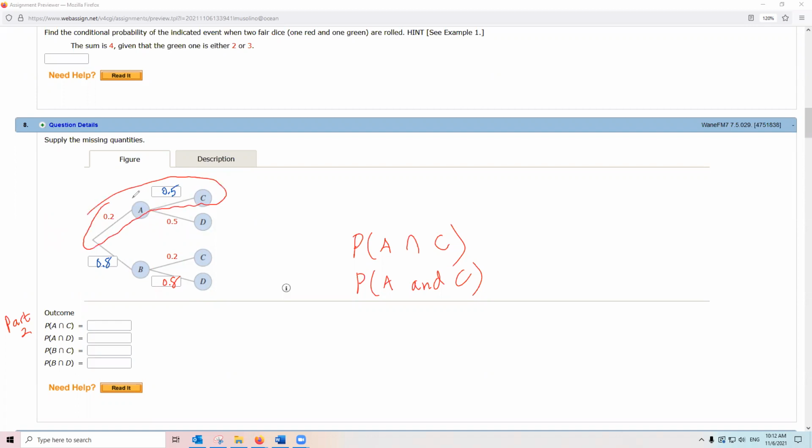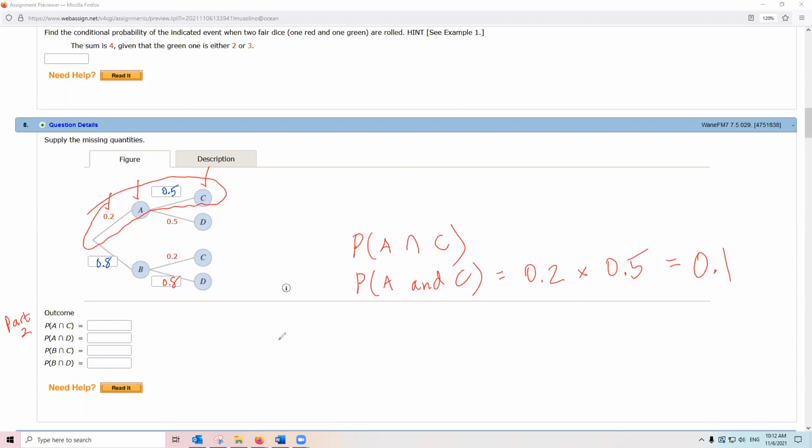Because I want to know the probability of A and C. It must mean that I traveled in this red box. Well, that's really the probability of A, which is 0.2, times the probability of getting to C, which is 0.5. So all I have to do here is multiply the probabilities along the path I'm traveling. So this would be 0.1.